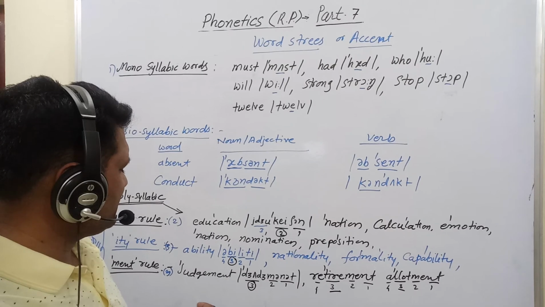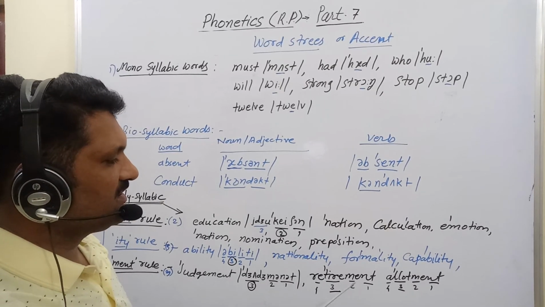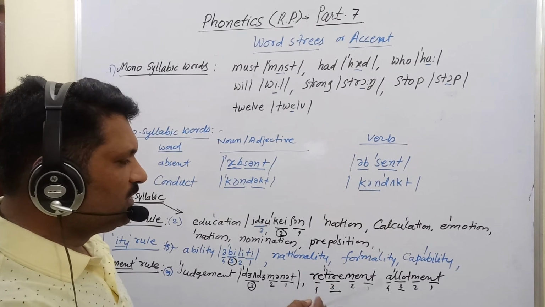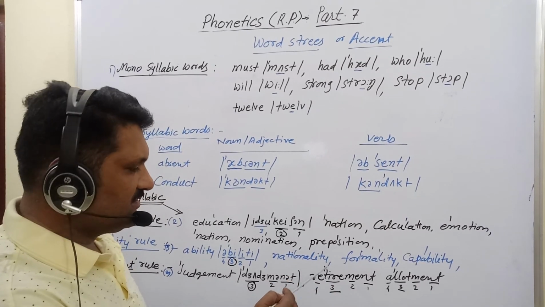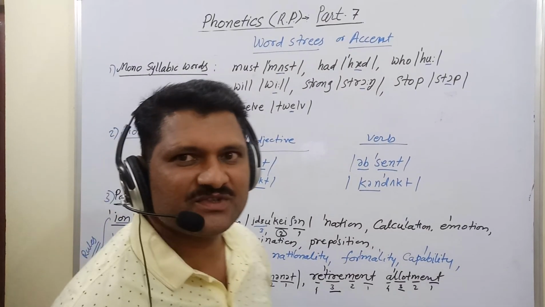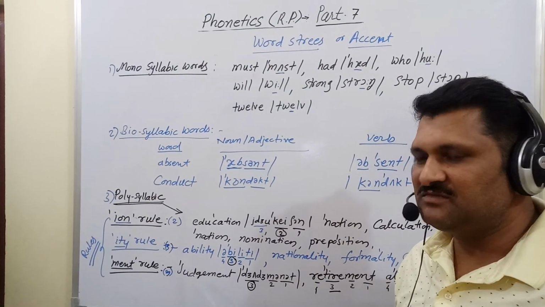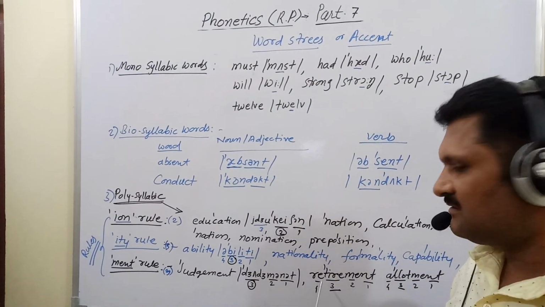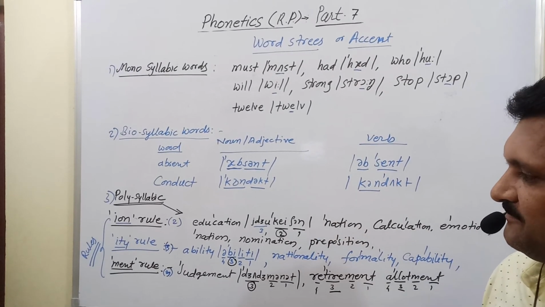So the pronunciations of these words are judgment, retirement, allotment. Judge is a strong syllable, ti is a strong syllable, lot is a strong syllable, and the remaining automatically become weak. Then their pronunciation is judgment, retirement, allotment, in this way.